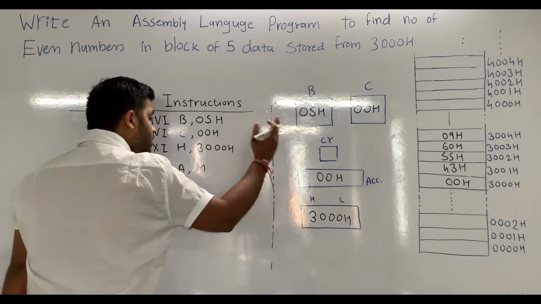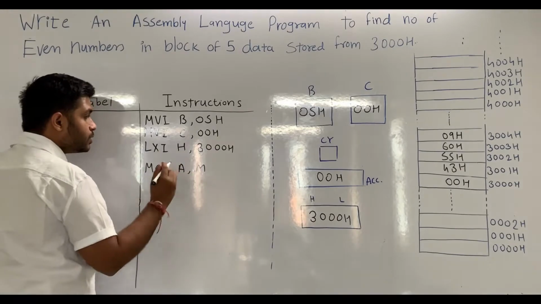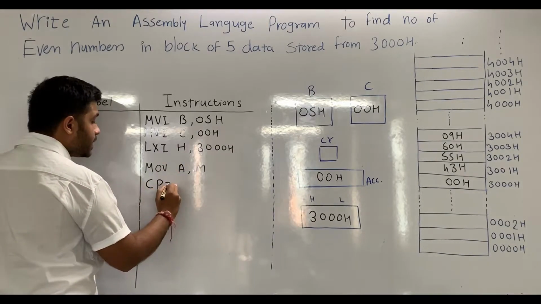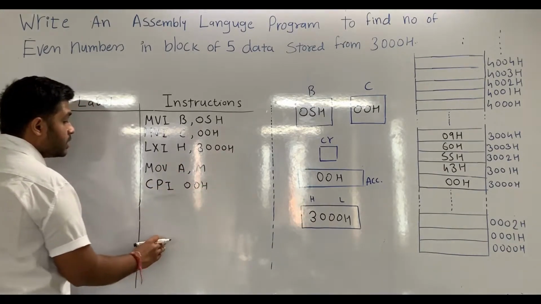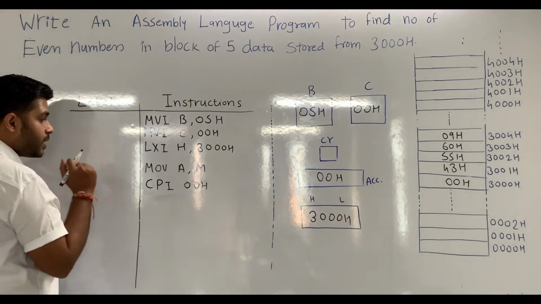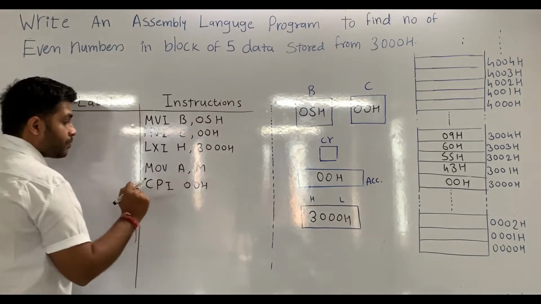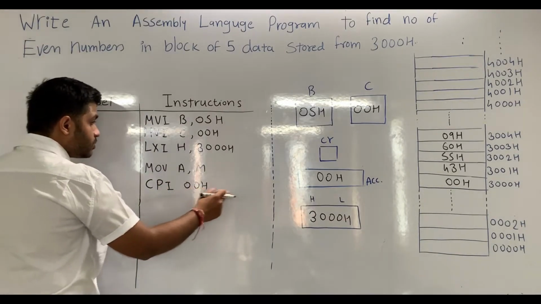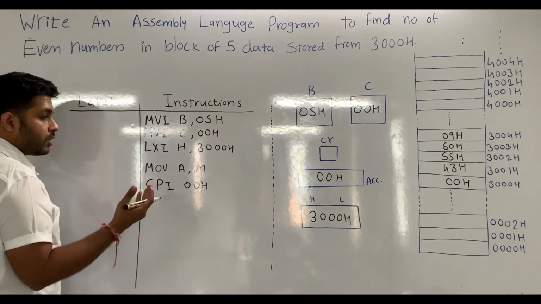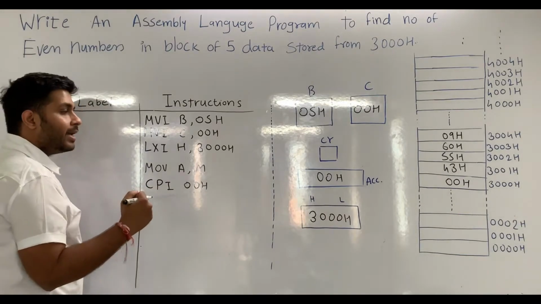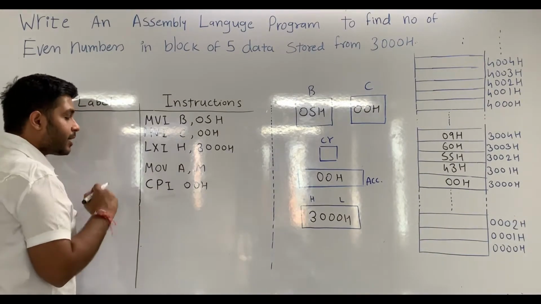So after moving the data, we are going to use the instruction CPI 00H. CPI 00H means we will compare 00H with the content of the accumulator. Now if we compare 00H with the content of the accumulator, we know that the answer will be 0 and the zero flag will be set.